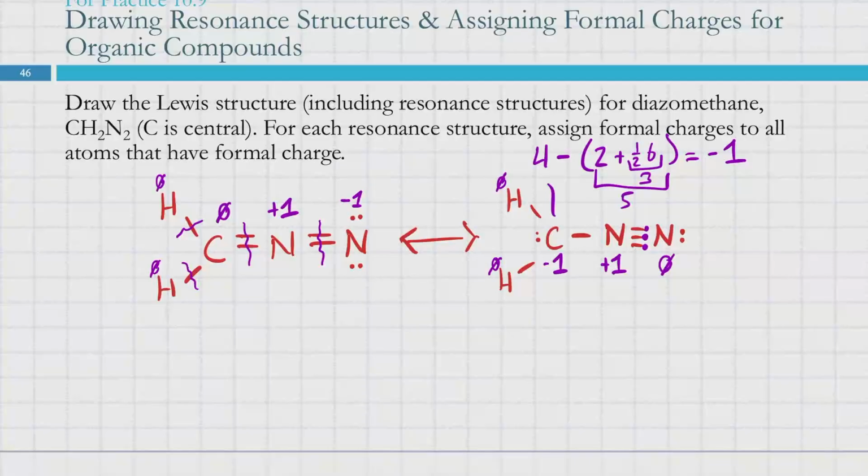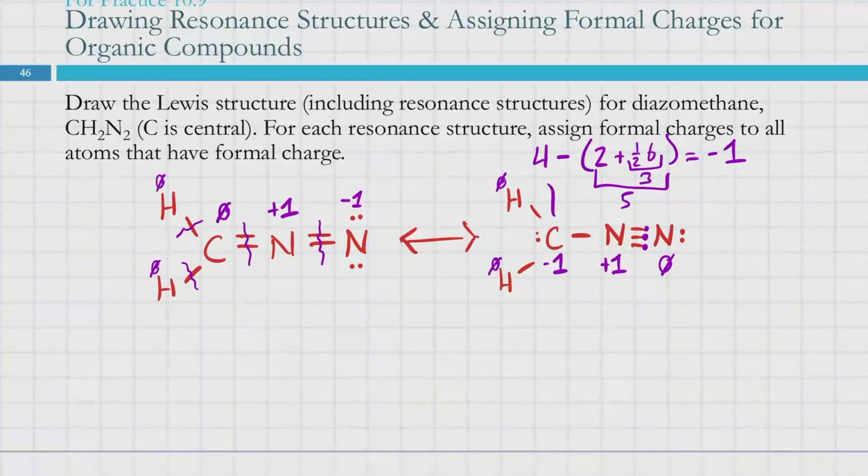So now we have to pick between structure on the left, structure on the right. And the difference is in one, the carbon's 0 and the nitrogen's -1. In the other one, carbon's the -1 and nitrogen's the 0.